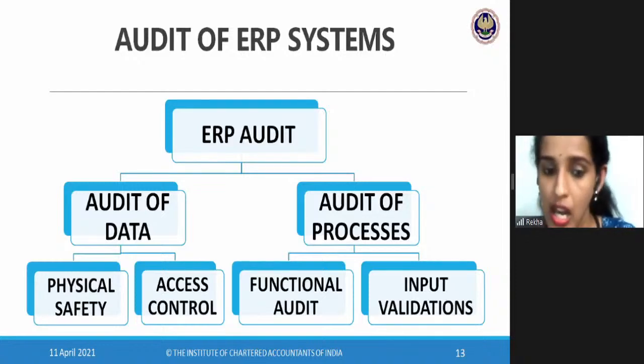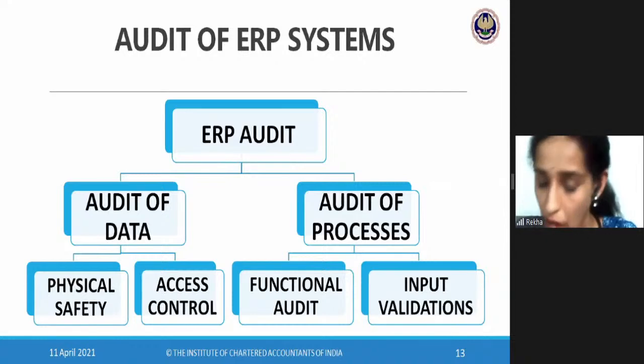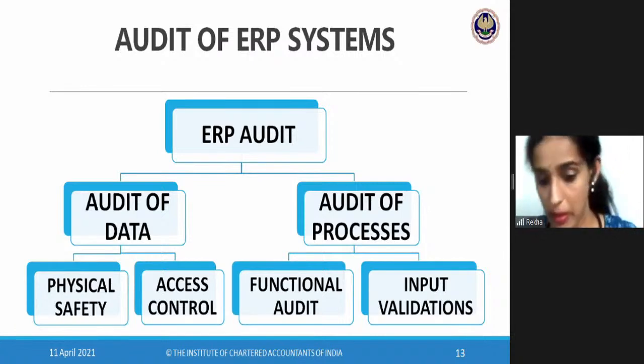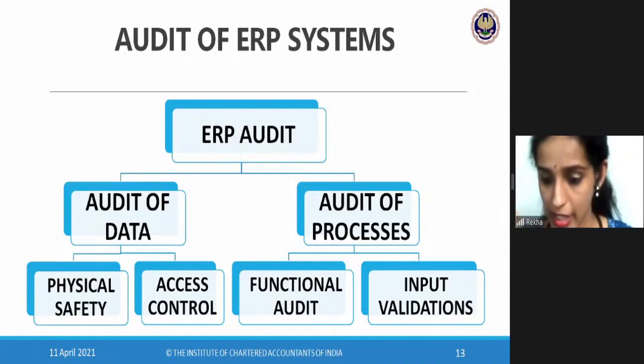Say for example, with respect to inventory, a new stock, a new item being purchased. I'll tell you about integration of ERP systems. All the different modules will be connected, so the data will flow from one module to another. Say for example, if you are buying stock, it should be updated simultaneously in your material management module.